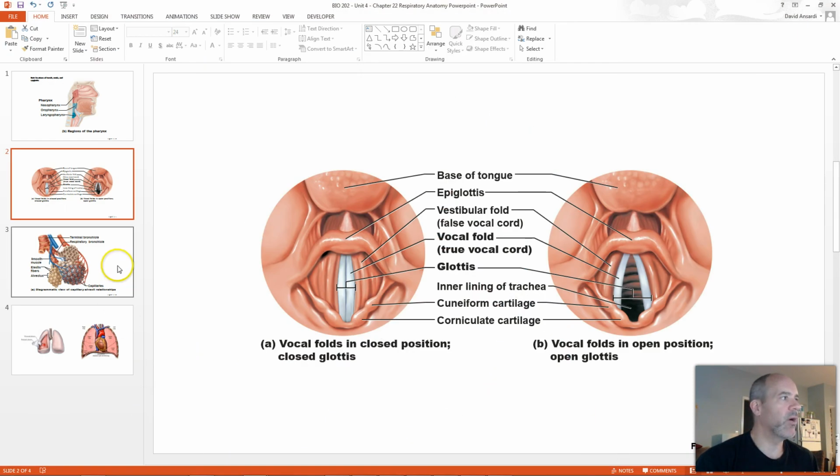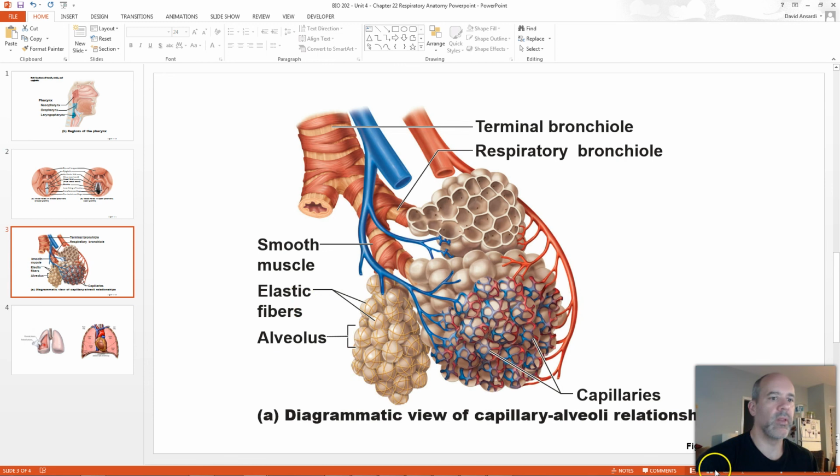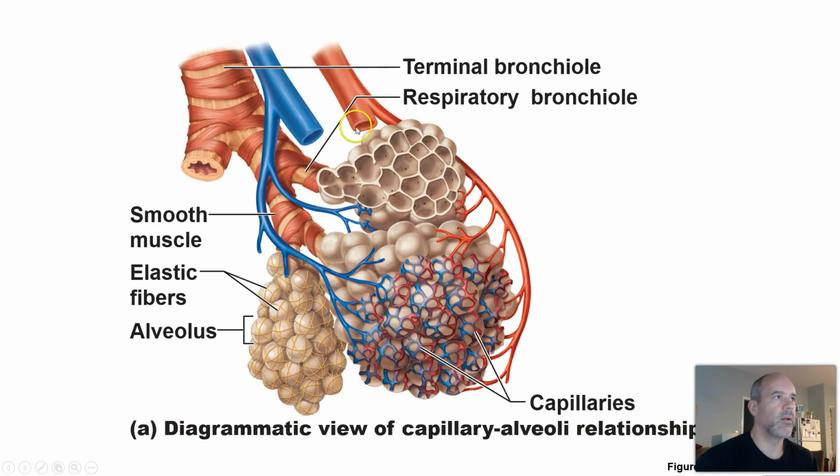All right, and let me move back over here to the PowerPoint. Okay, so this is a diagram from your textbook. So you have these bronchioles that are getting smaller and smaller as they enter into very specific locations in each lung. And those will lead to what are called terminal bronchioles. Those are very small bronchioles. Those branch into respiratory bronchioles.